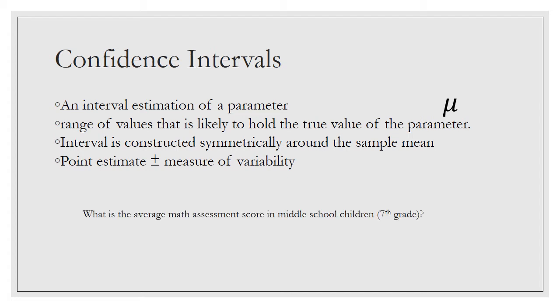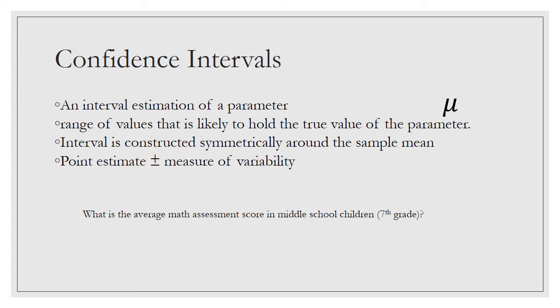You might just think, as a really simple simplification of our hypothesis, what if we just want to know what is the average math achievement score in middle school children? And I mean that as the parameter. What is the average in the whole population of middle school children? Well, it's going to be very difficult again to find that out.